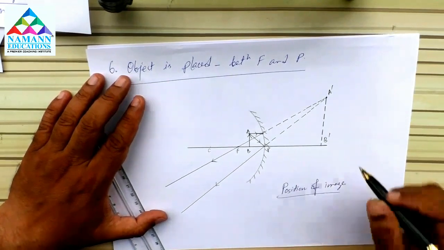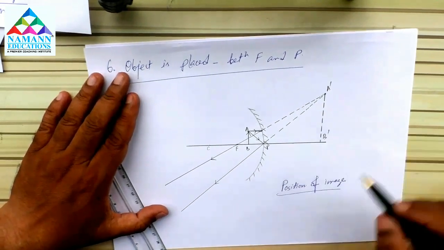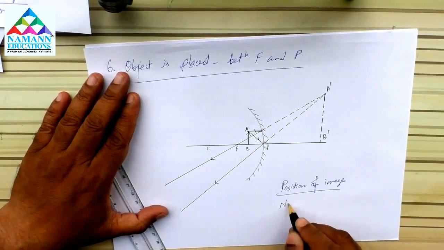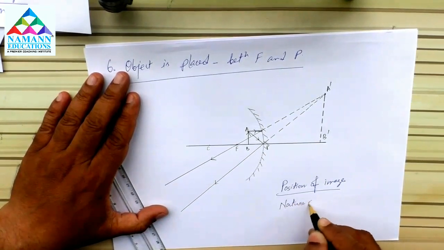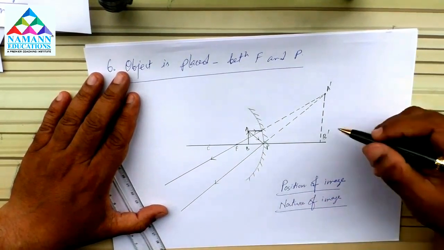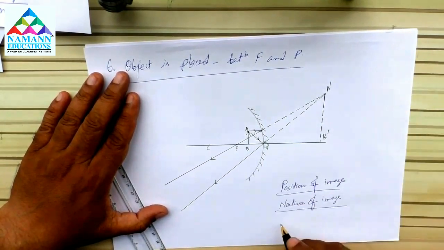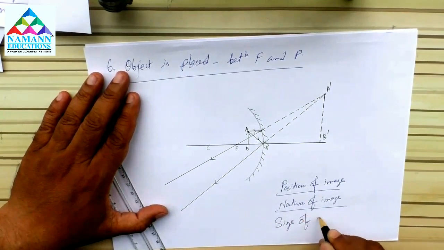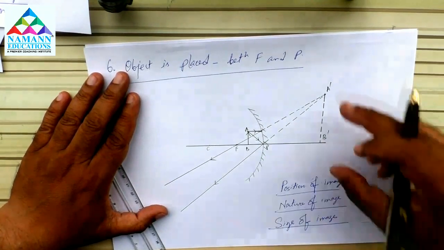If I ask you what is the nature of image, nature of image is virtual and erect. Then what about the size of image? Size of image is highly magnified. Compared to the object, it is highly magnified.